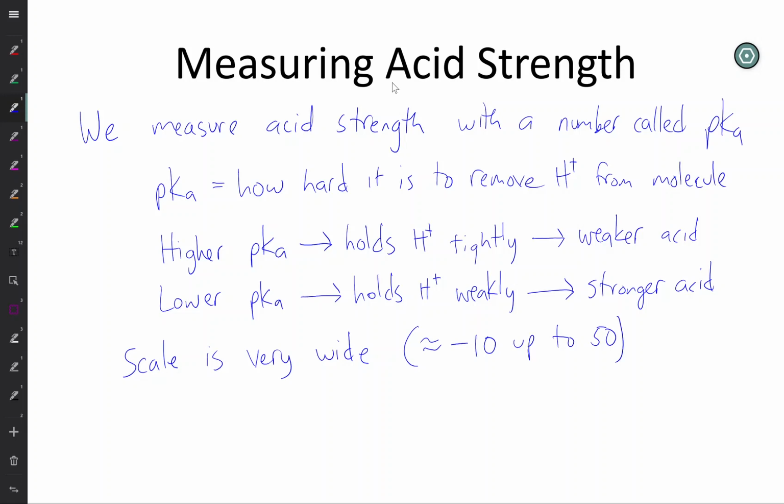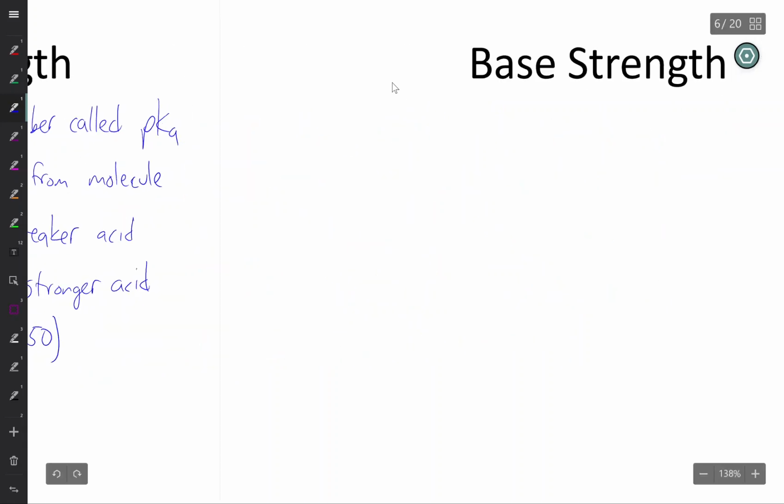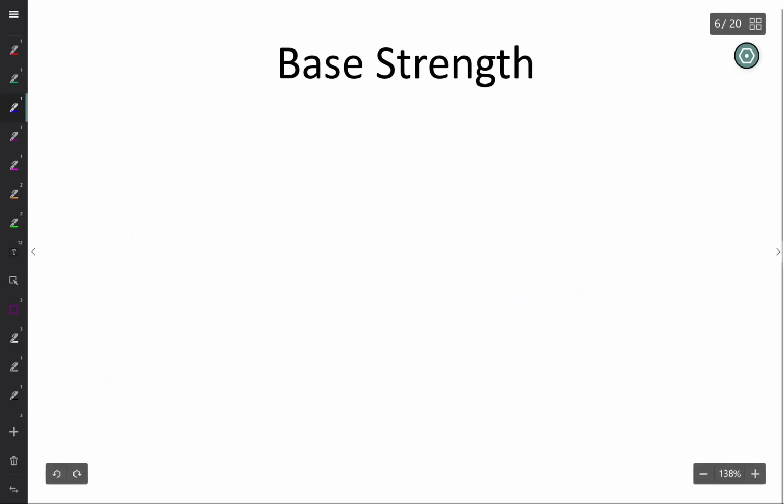So if the strength of an acid is how good it is at giving away H+, then the reverse concept, base strength, is how good a molecule is at taking H+ from other molecules.